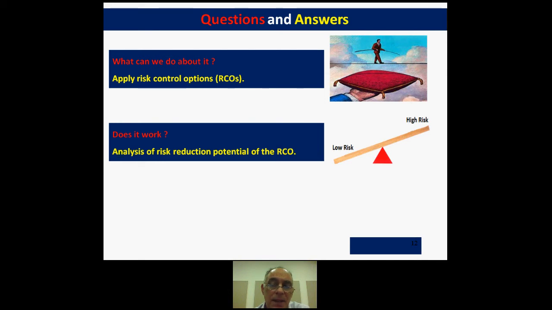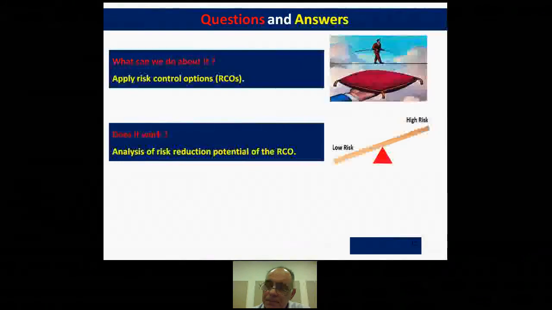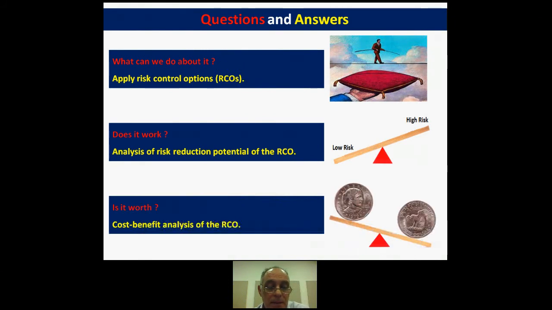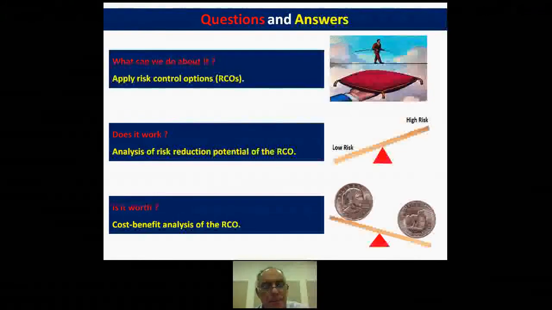We have to see whether this lowers the risk, and what is the risk reduction which is produced, and whether it's worth it. In other words, we have to measure and somehow evaluate the costs and the benefits which are involved in the risk control.